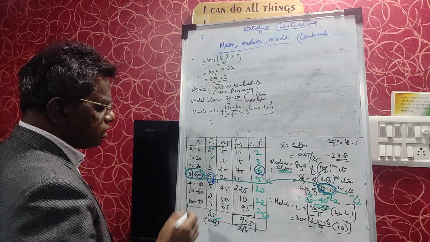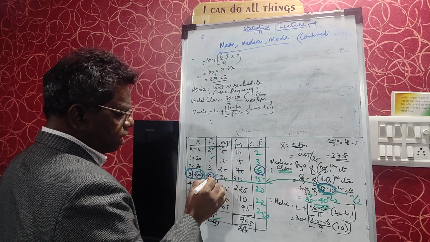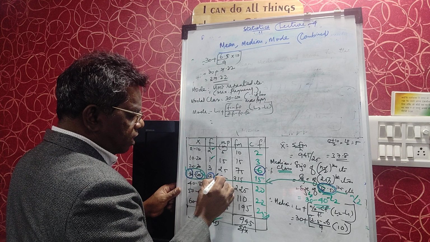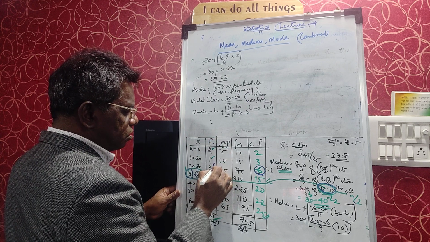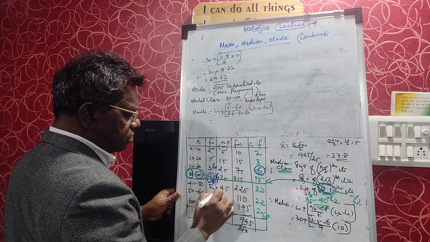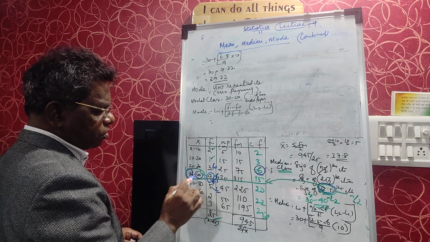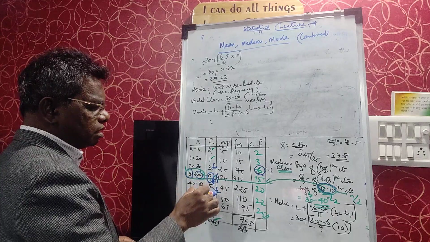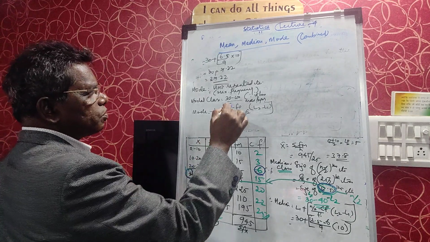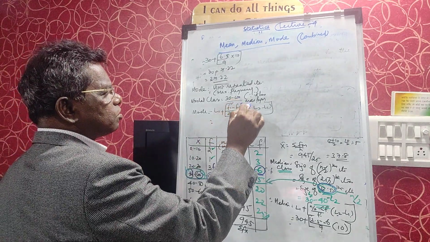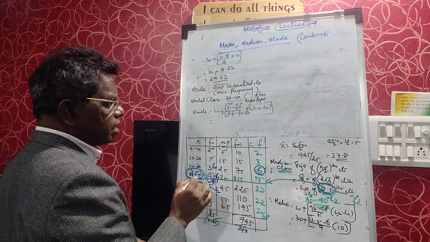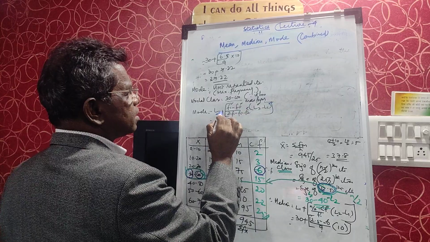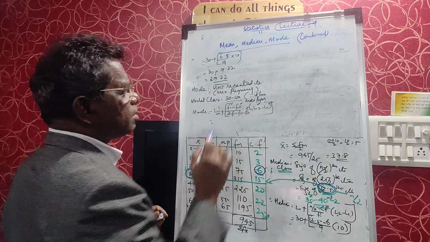Whatever the modal class frequency is, that is F1, the previous frequency is F0, and the next frequency is F2. L2 we got as 40 and L1 as 30. Everything is available now.